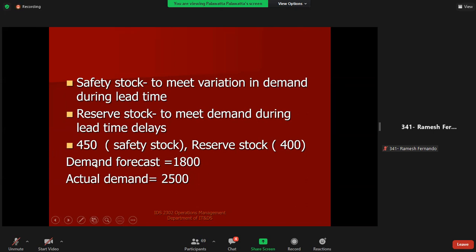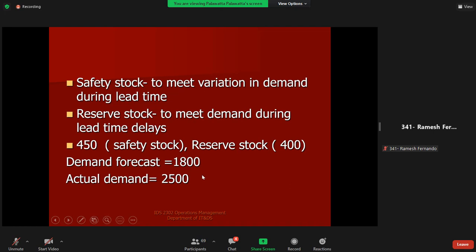That 700 you will have to use first from reserve stock and then from safety stock. So then reserve stock is going to be fully depleted, and then safety stock is going to come down to 150. So that's how it is.